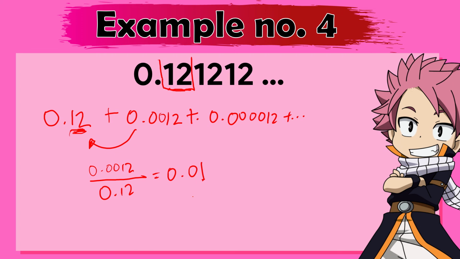Dito dalawa kaya naging 0.01. Kung kunwari, kung ang ganito 0.123, 123 and so on. Ano ang magiging common ratio naman natin dito? 'Di ba, tatlo yung nauulit kaya magiging 0.001. So, depende po kung ilan yung nauulit, ganun din kadami yung digit sa common ratio.